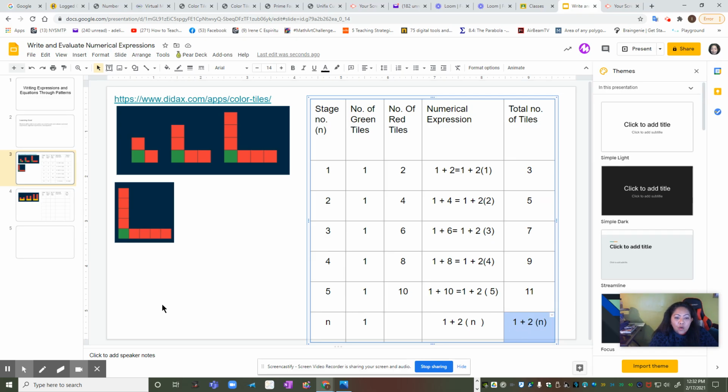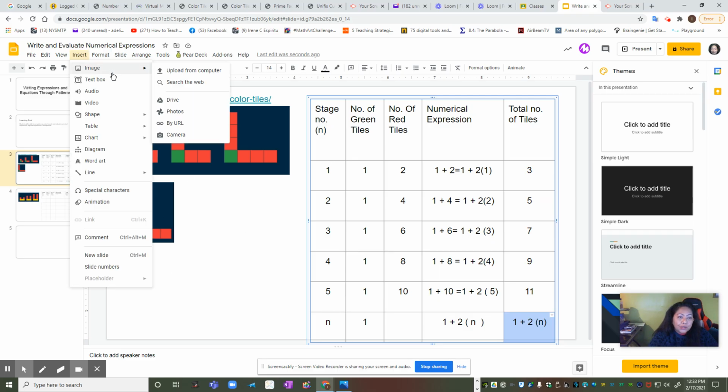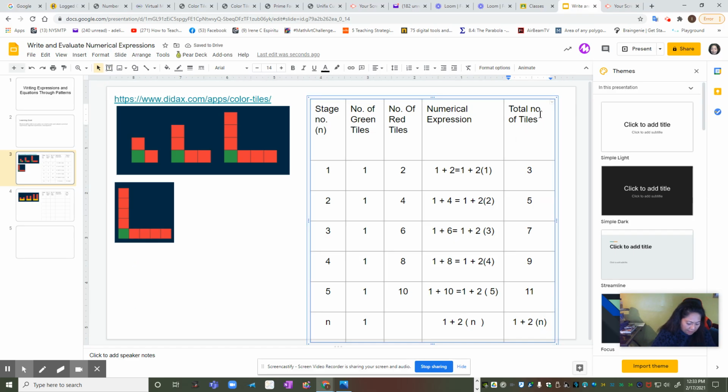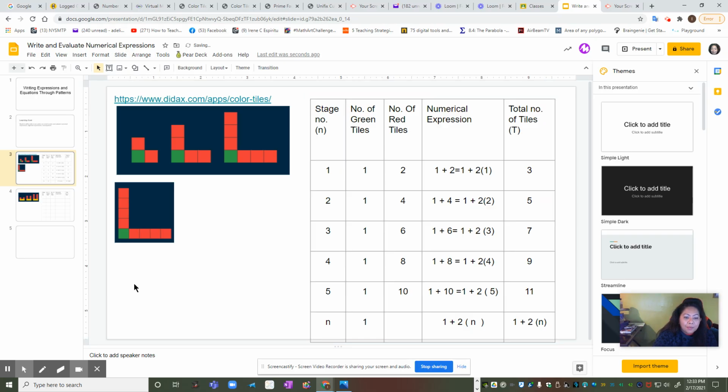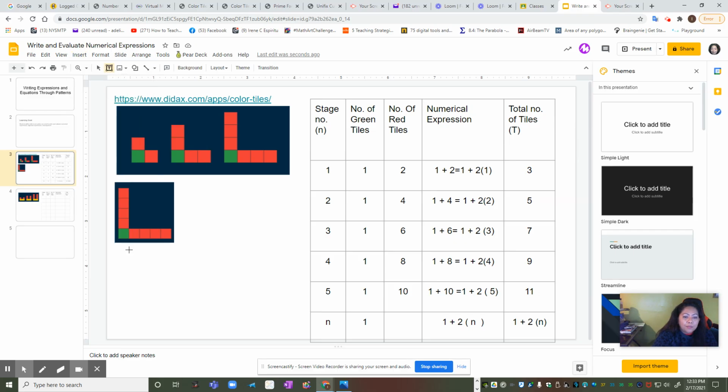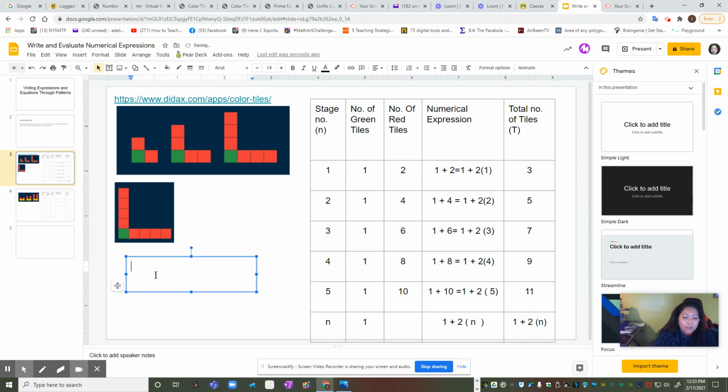Now, the equation will be, so I'm going to insert an equation. So if the total number of tiles will be represented by t, all right, that would be my variable to represent the total number of tiles. So let me insert the text box.